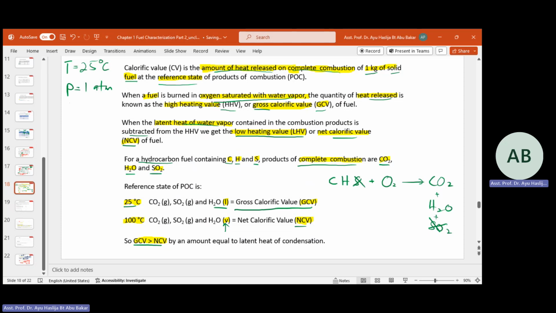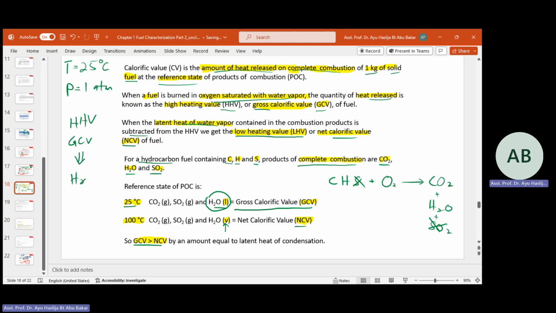HHV and GCV are the same thing, when you have H2O in a liquid phase.